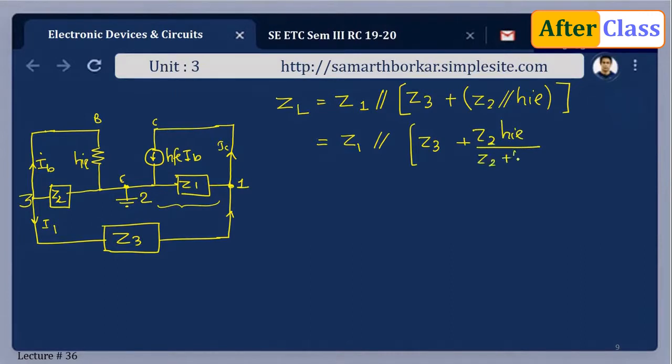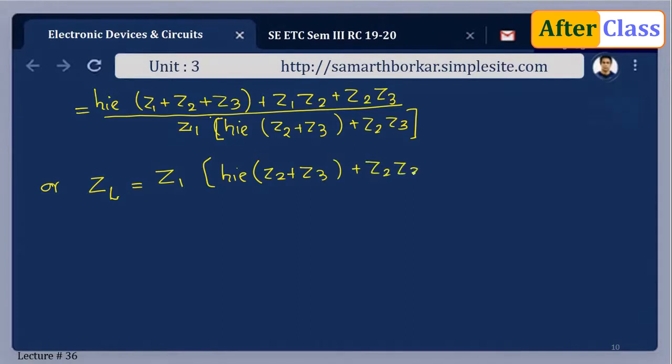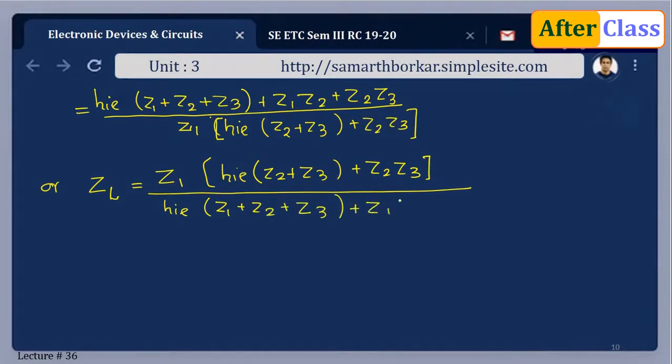So we can write ZL as Z1 in bracket HIE into Z2 plus Z3 plus Z2 Z3, close the bracket, upon HIE into Z1 plus Z2 plus Z3 plus Z1 Z2 plus Z2 Z3.